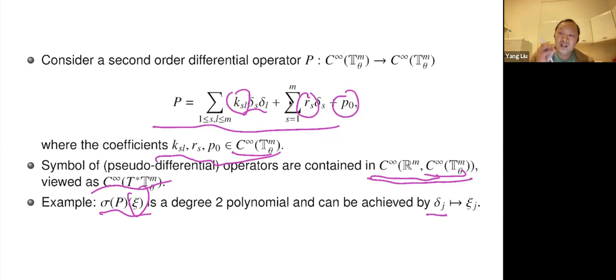You throw in your inputs, which are the symbols of your differential operator, and the outputs will be certain complicated combinations of the derivatives of the symbols. That's a black box, usually very difficult to compute.